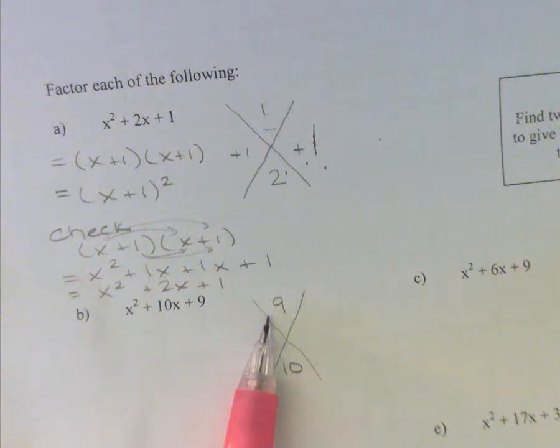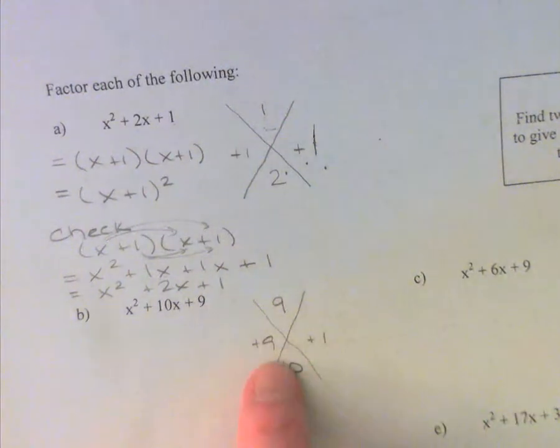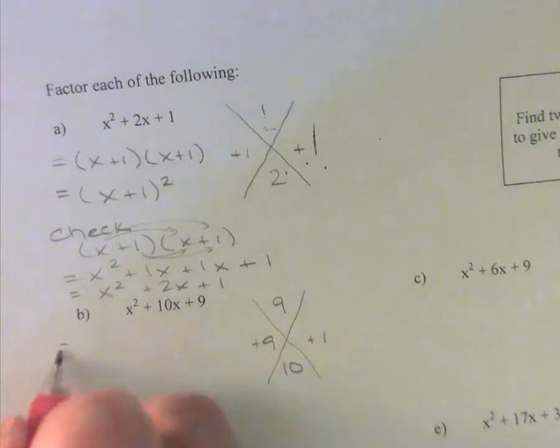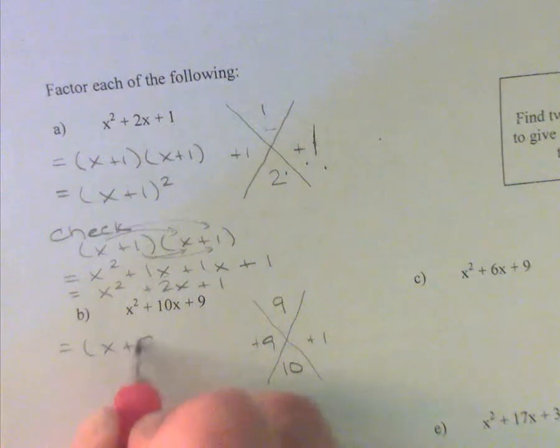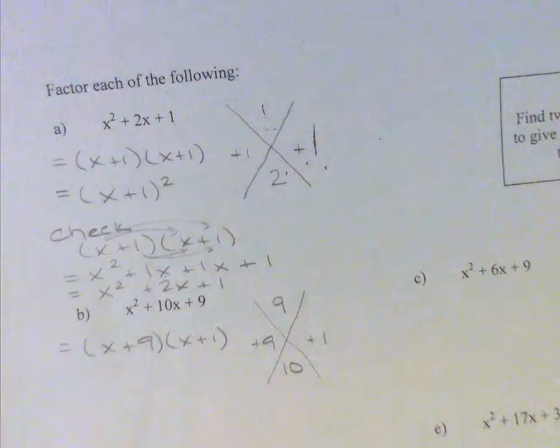I have 1 and 9 or 3 and 3. I look at the combination that would add to 10. So that would be plus 9 and plus 1. You can write plus 1 or plus 9. You can reverse them. That doesn't matter. It's still right. So I'm going to say that my two brackets would have been x plus 9 and x plus 1.